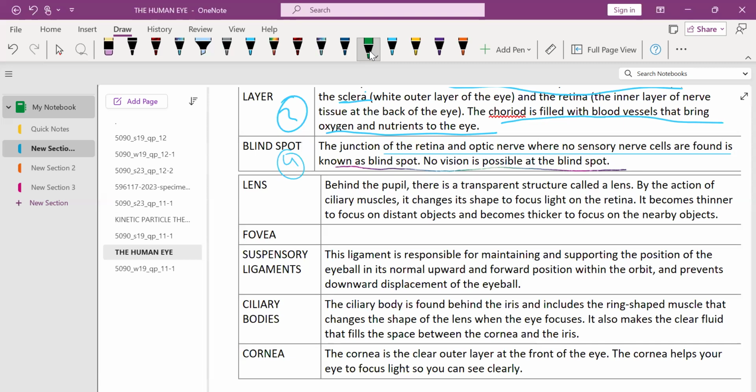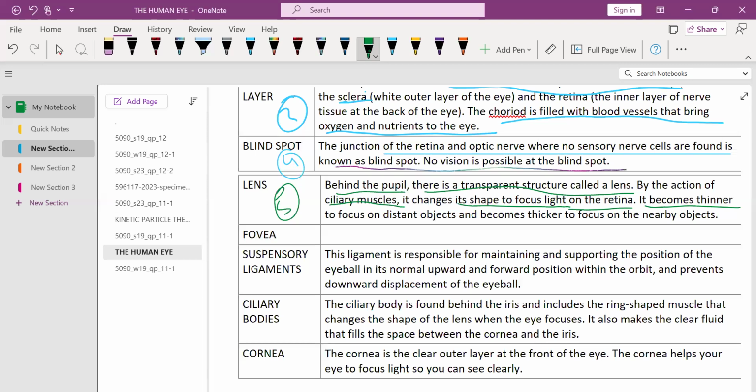Then the fifth part of the eye is the lens. Behind the pupil, there is a transparent structure called the lens. By the action of the ciliary muscle, it changes its shape to focus light on the retina.